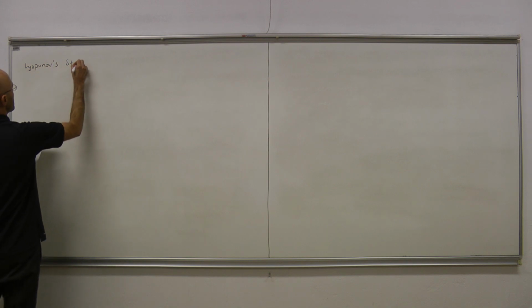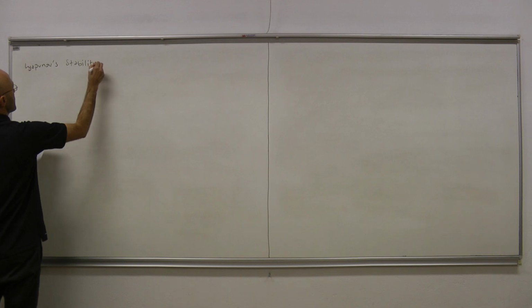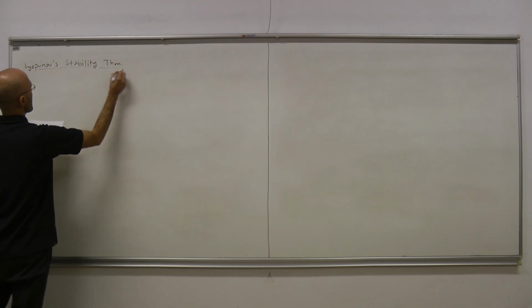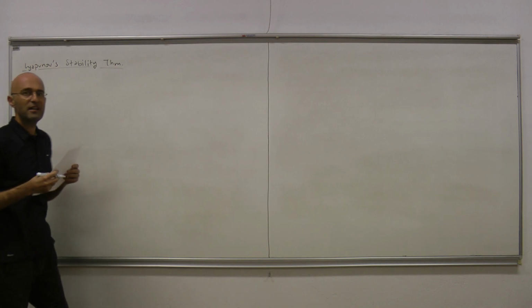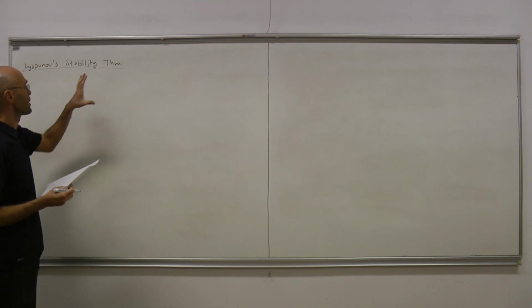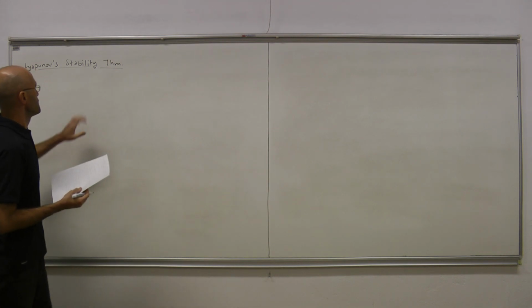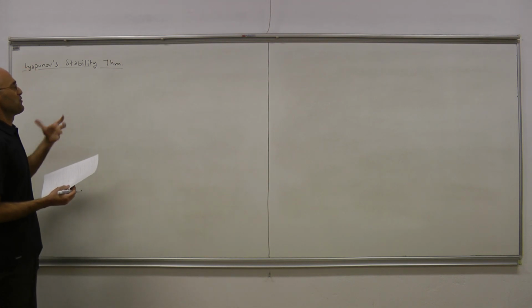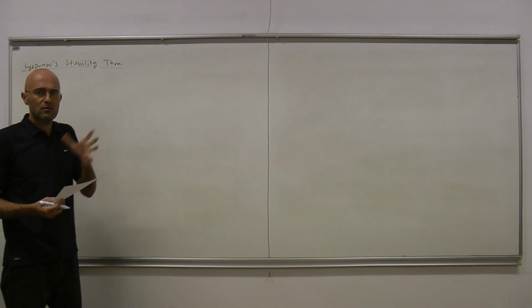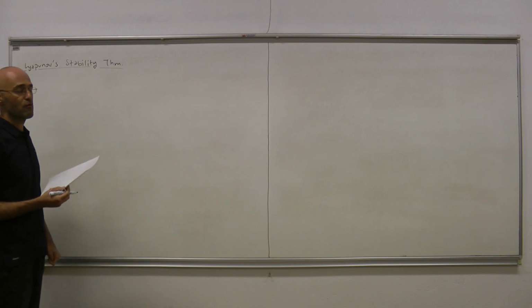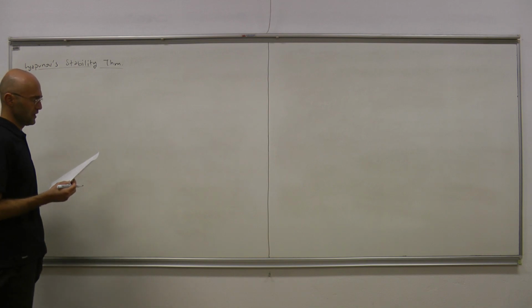Lyapunov's stability theorem. Okay. It has many variations. Okay, we're considering a general case, but even more general statements are possible. But as for the main idea, it's always the same in all its versions. Okay, so this is a general enough version, and therefore we're going to study that.